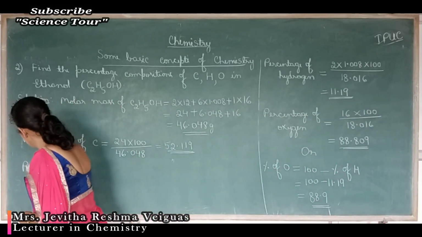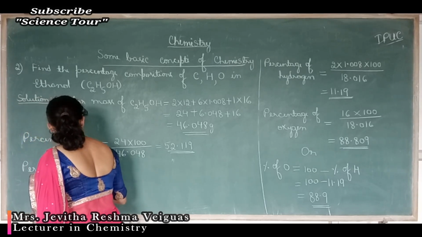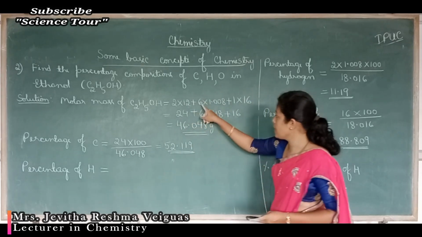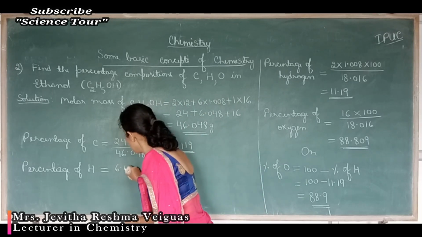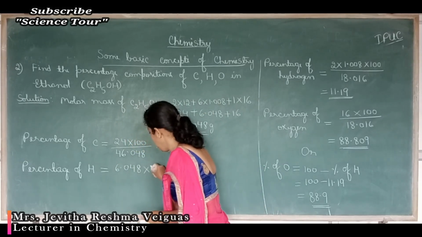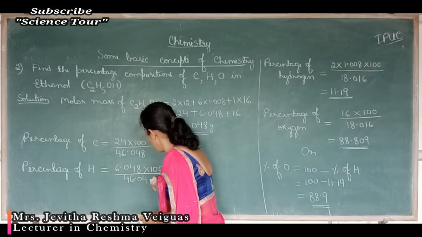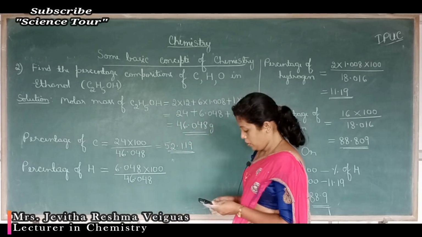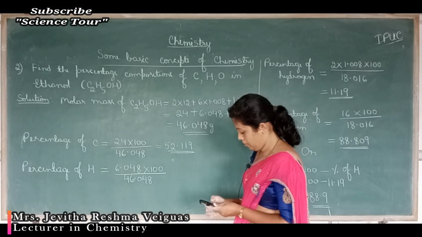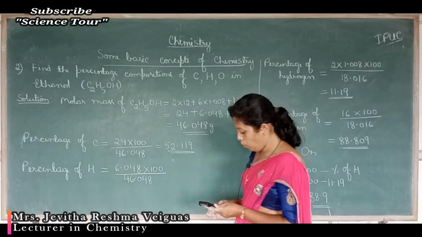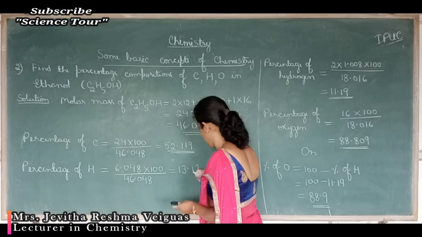Next let us find the percentage of hydrogen. How much hydrogen is there? 6 into 1.008, that's nothing but 6.048. So 6.048, which is the mass of the element, into 100 divided by the molar mass of the compound, 46.048. That gives you the answer 13.13.